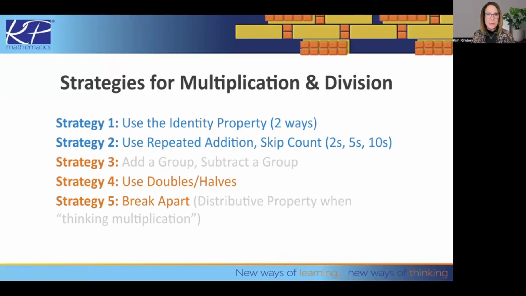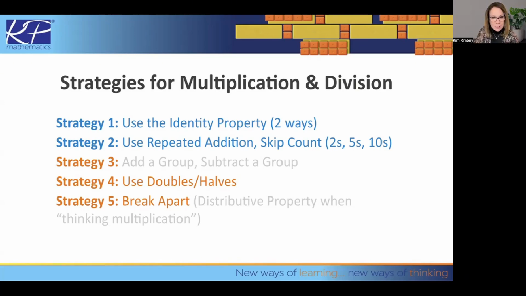We're leaning into multiplication. So first off, let's just talk about the identity property. With the identity property, that would correspond to multiplying by 1 with multiplication, but there's two ways to look at it with division. So let's say I had 4 divided by 1, right?